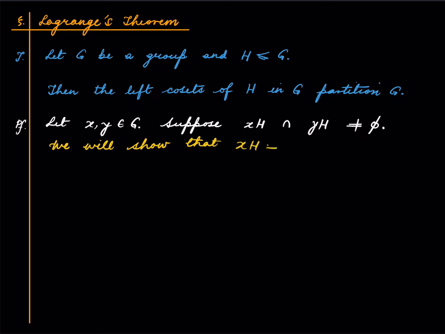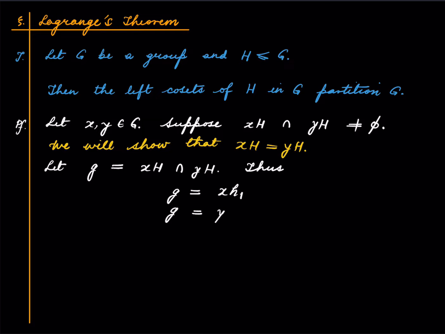But that's actually very, very clear. So pick some common element. If they are not disjoint, then there is some common element in them. So what we have is thus g equals xh1 and g is also equal to yh2 for some h1 and h2 in the subgroup H. All right.